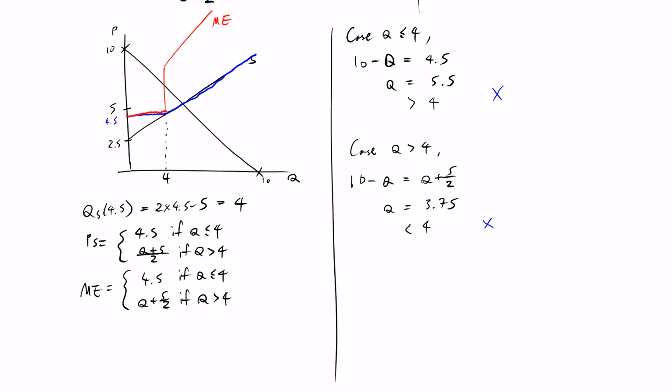So when you reject both cases, the answer is simply that the employer is going to hire all the workers willing to work at minimum wage. And that's the answer. Right? So at minimum wage.